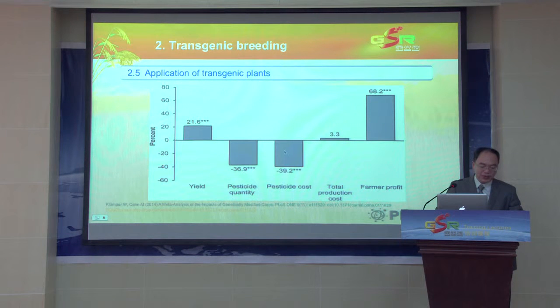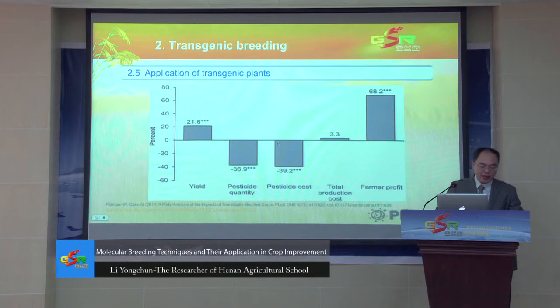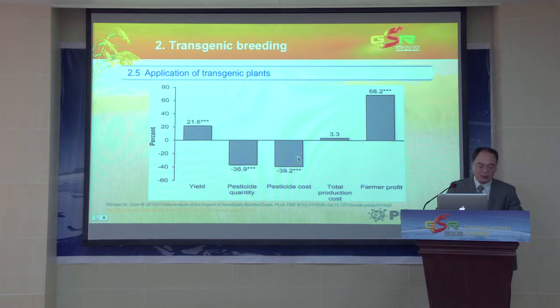Farmers' profit increased by about 68% on average when using transgenic crops, and crop yield rose by 22%. The expense for pesticide declined by 39%.